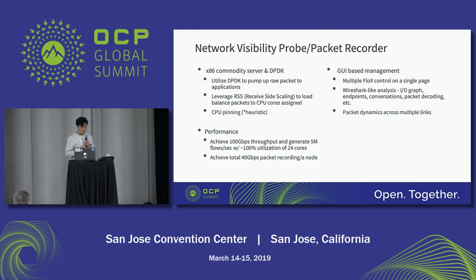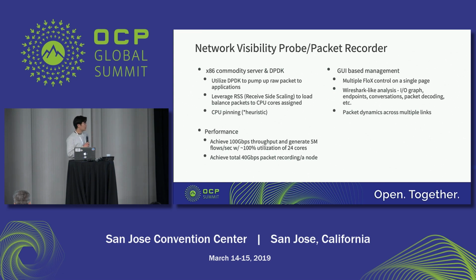We utilize DPDK to pump the load packets up to the application, then the protocol analyzer application DPIs every packet. We also leverage receive side scaling to load balance packets to CPU core assignments, and we use a CPU pinning technique to improve the performance.